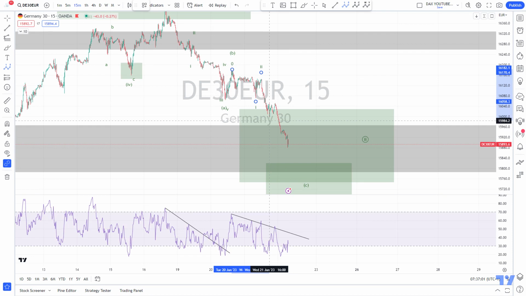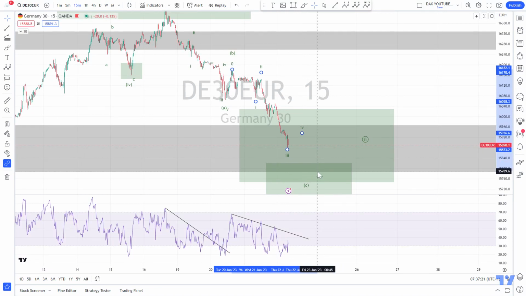So yeah, could be that our three is finished here for 5, but actually it looks better like this. The low is not yet in. I would draw it something like this.